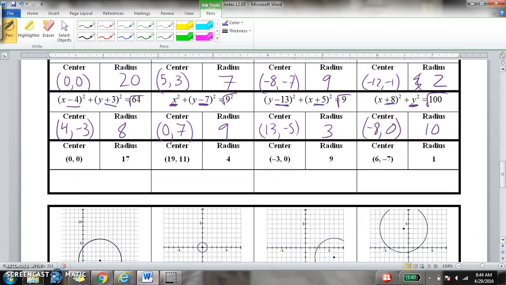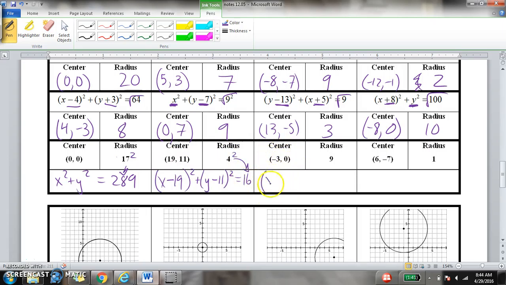All right, if I give you the center and the radius, write the equation. So center 0, 0, again, that's just x squared plus y squared equals 17 squared, which is 289. Center 19, 11, so it's going to be x minus 19 squared plus y minus 11 squared, because they're both positive, so they're negative in the equation, equals your radius squared, 16.